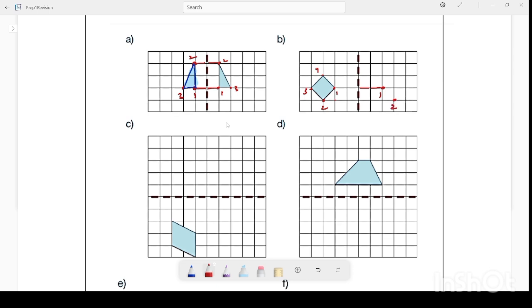Similarly, 3 is 4 blocks away, so we draw a dot 4 blocks from the line of symmetry, which is point 3. Similarly, for 4, it is 1, 2, 3, so this is point 4. We join these points 1, 2, 3, 4, and then fill in with shade, and this is the reflection of the shape we see here.